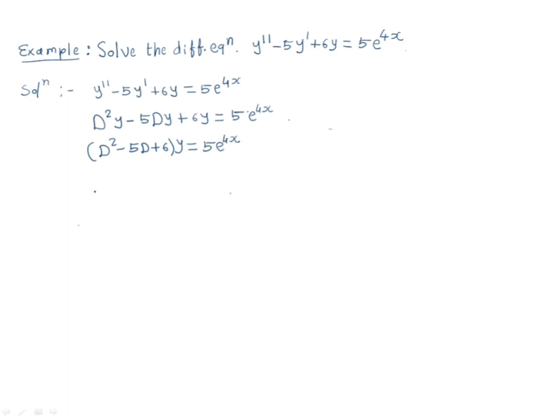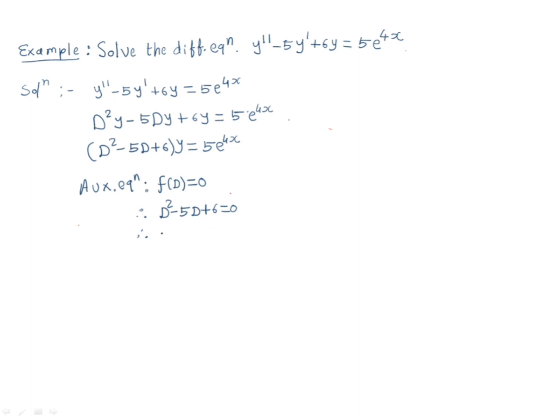Now for the auxiliary equation, the form is f of d equals 0. We need to equate that term with 0, and by doing so we will have d square minus 5d plus 6 equals 0, and we are going to find the roots of this equation.